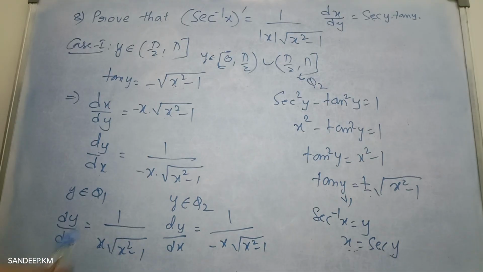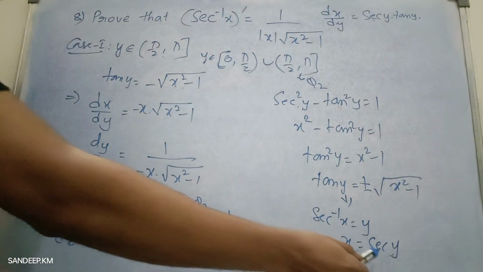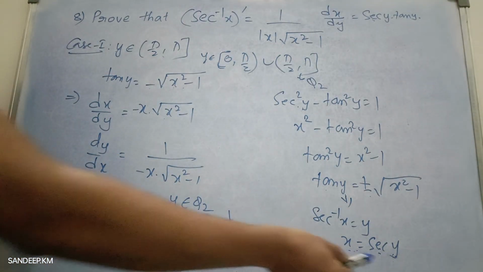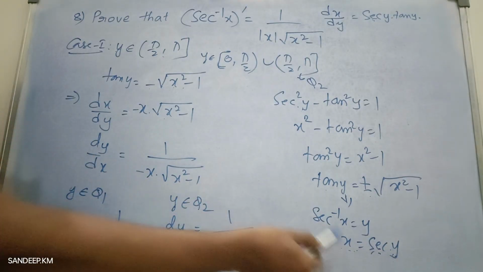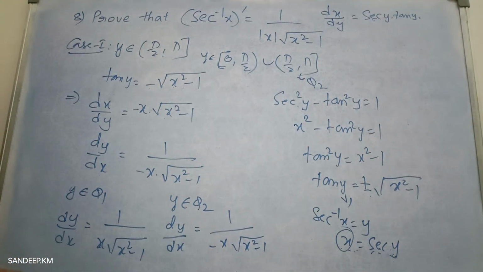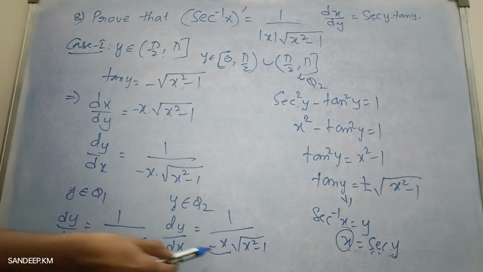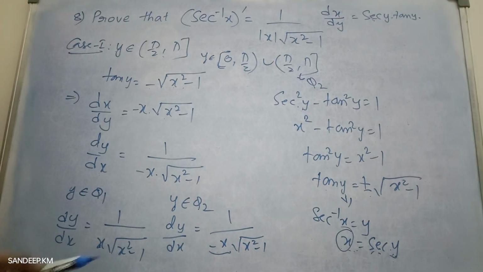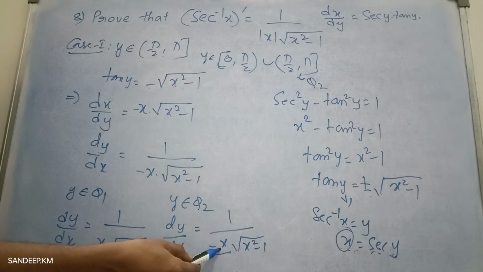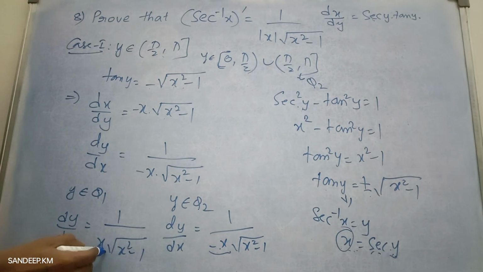When y is in the second quadrant, secant y should be negative, so x is negative, so minus x is positive. Since x is positive in case 1 and minus x is positive in case 2, I am replacing these two.